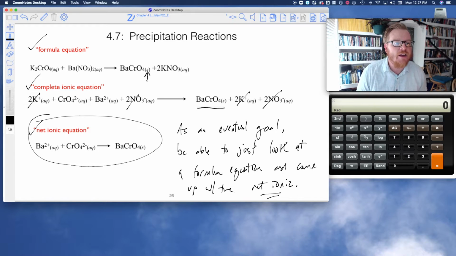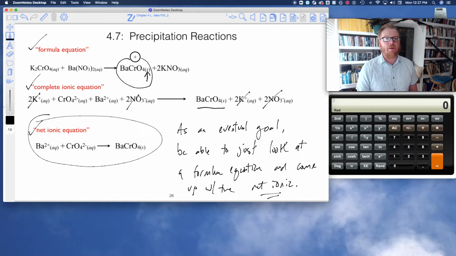So when I'm viewing the formula equation, okay, oh yeah, I can see barium chromate as the solid. And so what I like to do is write that down as the product, and I'm going to work backwards. Okay, so I know that's my solid. All of this aqueous stuff, they're all just going to become spectators unless they're part of this solid.